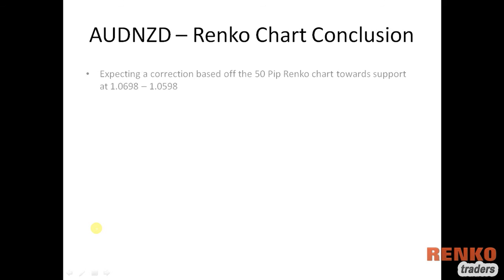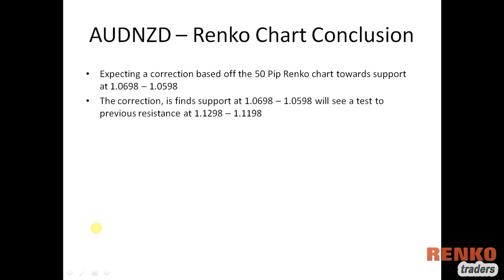So to conclude the analysis, we expect a correction based on the analysis of the 50 pip Renko chart from the current levels to 1.0698 to 1.0598. This correction, if the support holds at the above levels, we'll see it retest the previous resistance or the neckline as well.